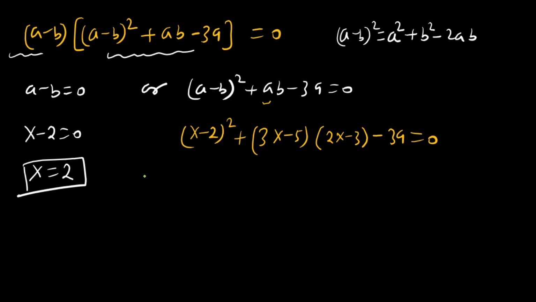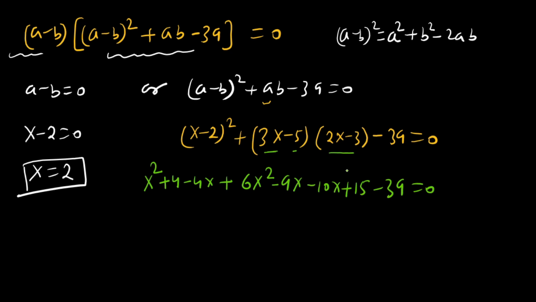(x minus 2) whole square is x square plus 4 minus 4x, plus 3x multiplied by (2x minus 3), then we get 6x square minus 9x, and minus 5 multiplied by (2x minus 3), then we get minus 10x plus 15, minus 39, this is equal to 0.